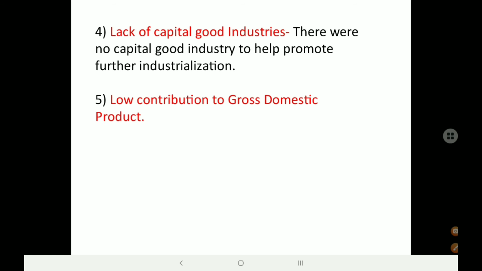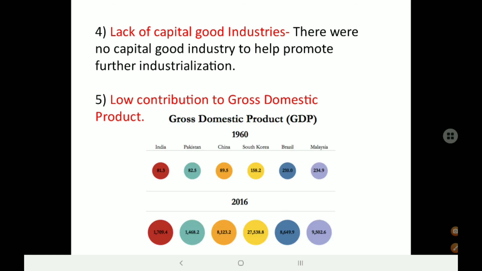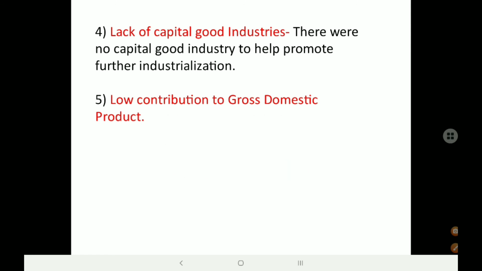So the growth rate of the new industrial sector and its contribution to the GDP remained very small, because at that time very few industries, or we can say no big industries, were developed in India. So the GDP was very small.